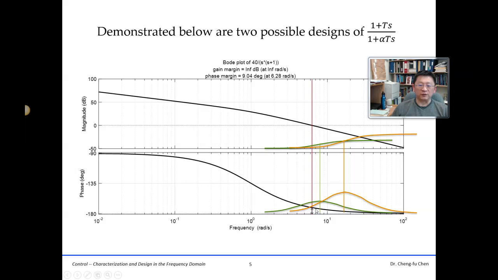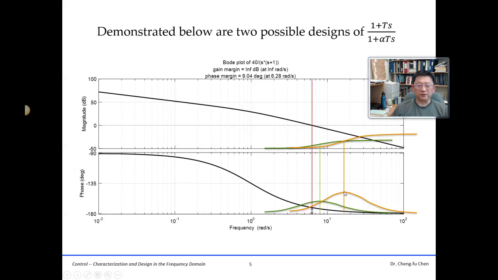Once you overlap and superpose the uncontrolled figure with this one, you can see at this frequency, omega equal to 8 radians per second, the phase angle will be about 10 degrees plus this one, about 40, up to here. The second scenario is that the phase lead controller has a larger contribution of angle.